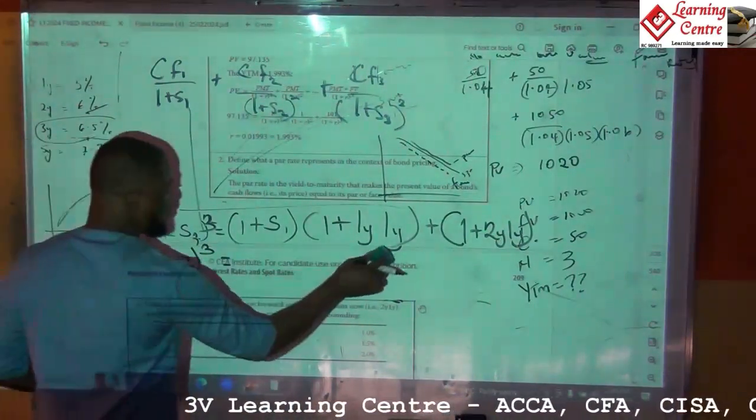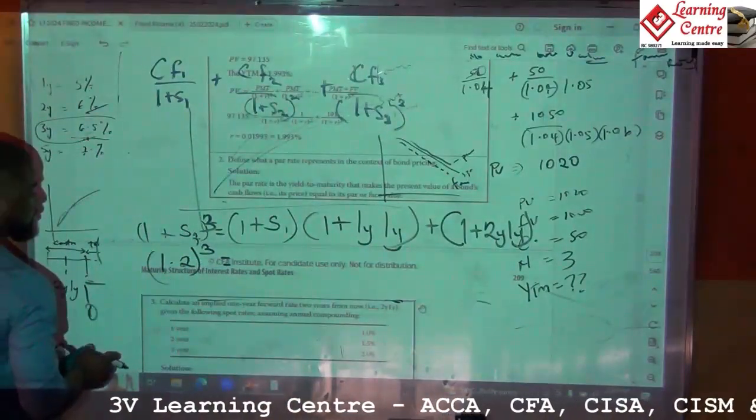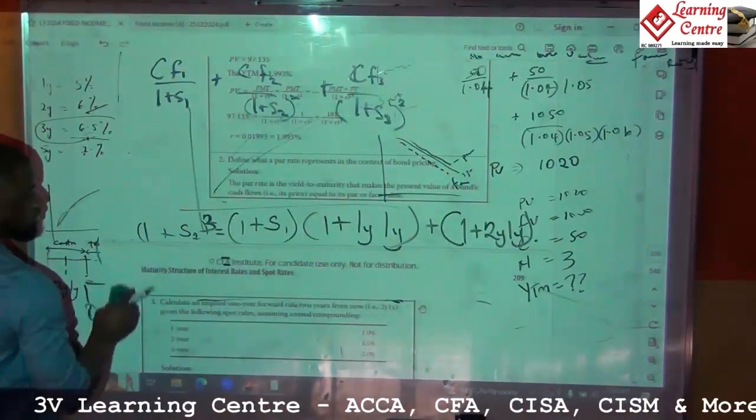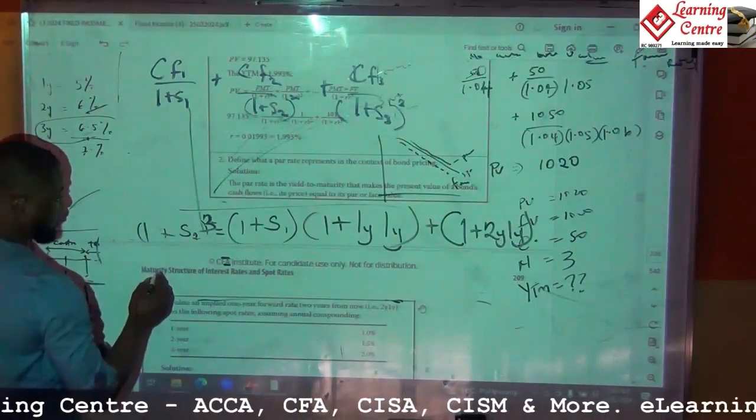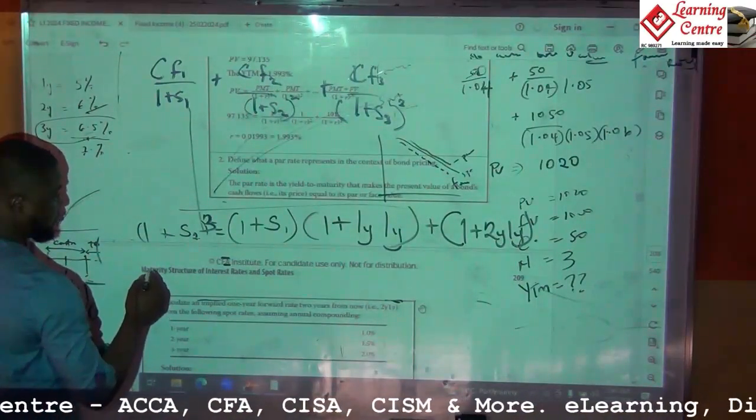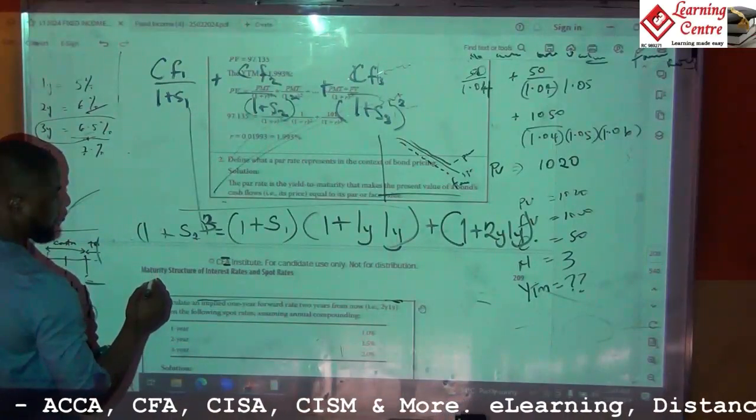We can first solve for this one, or you can say 1 plus S2 squared times 1 plus the 2 year, 1 year. Then you can do that also. So you already have a sequence.